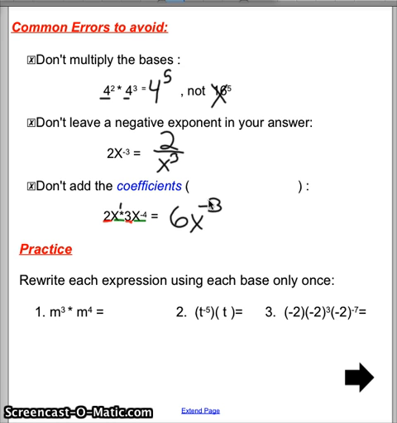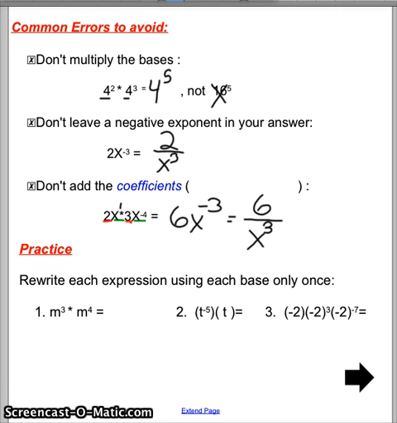And now, just like what we did before, we have a negative exponent. We don't want to leave it that way. So that x to the negative 3 moves downstairs. But that 6 does not have a negative exponent, so that 6 stays exactly where it is. And that is how we'd write our final answer.